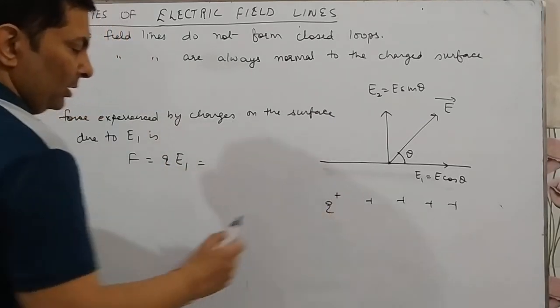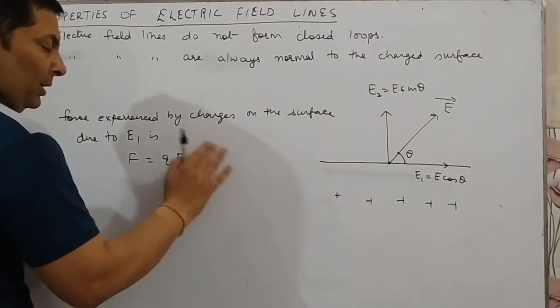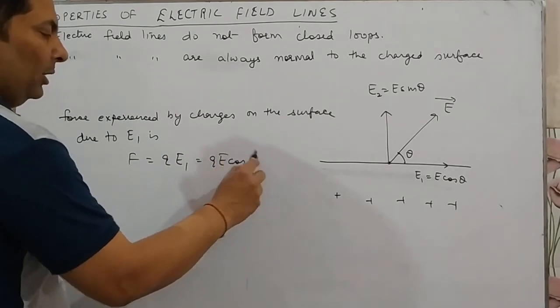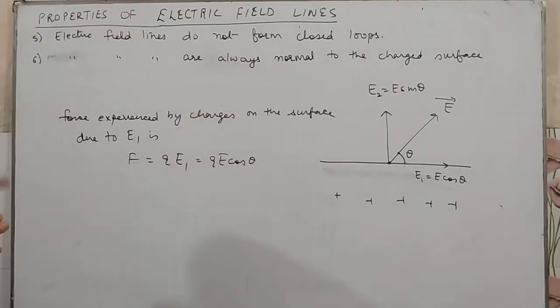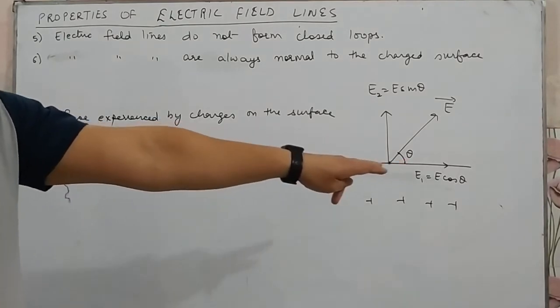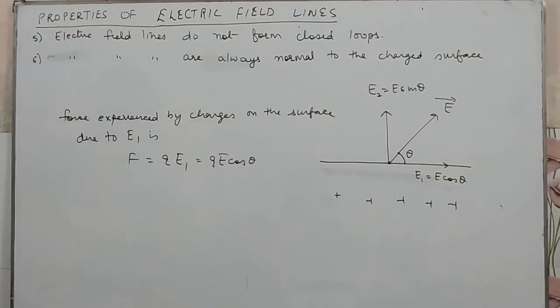We can write it as Q E cos theta. But if a force is exerted, the charges should be in motion. But these charges are static, because we are dealing with electrostatics, in which we are studying static charges.